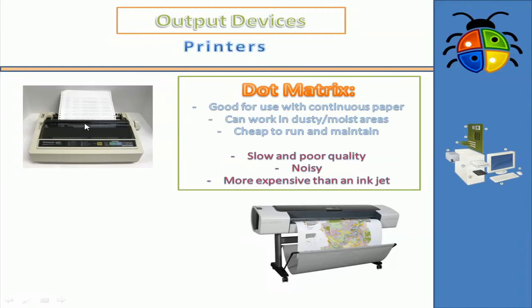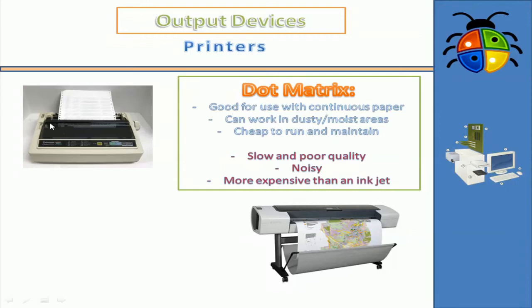It's kind of sturdy. It can do the job even in, say, a stock room where maybe there's lots of things moving about, there's lots of dust. A dot matrix is a good printer because an inkjet's going to get all that dust inside it, it's going to get clogged, you're going to have to keep cleaning it.